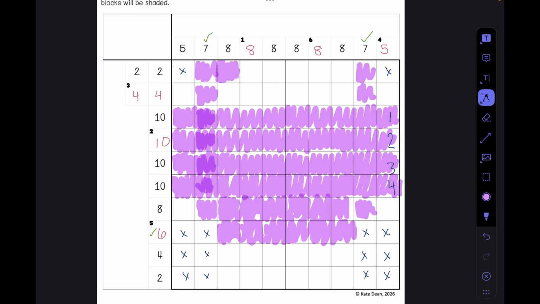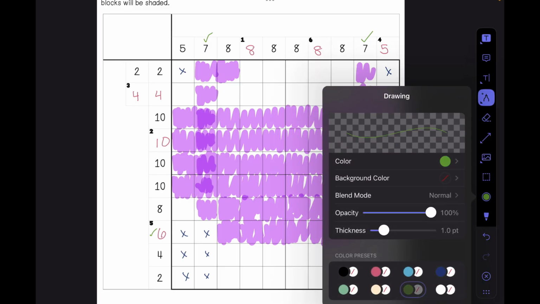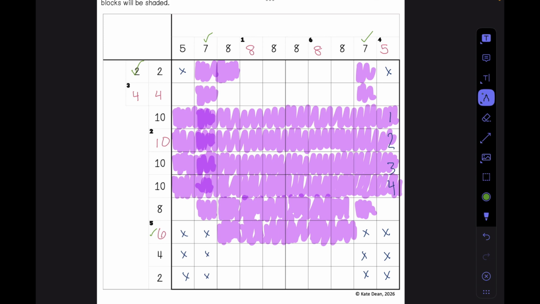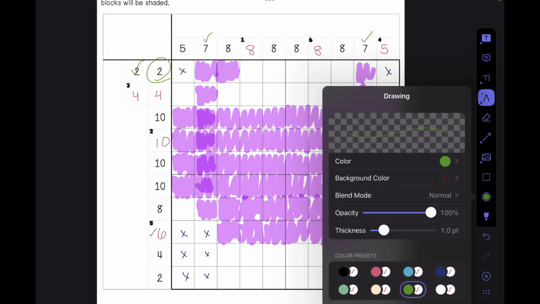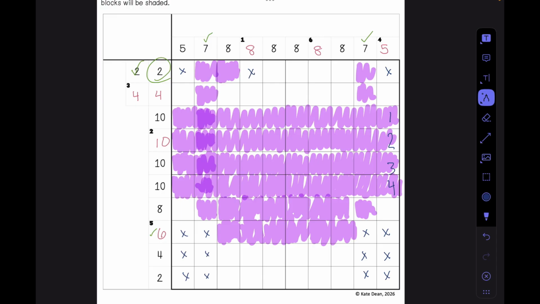So I have one of my 2 pairs. So now I know that I've gotten this 2 taken care of here, so that one's good. And then I have to have at least one space, so that means that I definitely cannot have a block right here. And then because I have this block filled, and I know that this one cannot be filled, I know that this is also a block that's going to be filled.